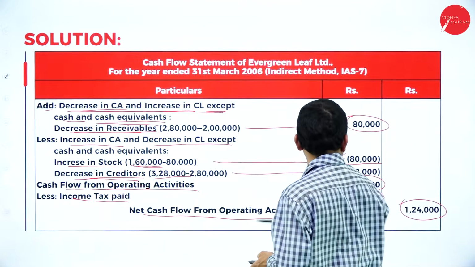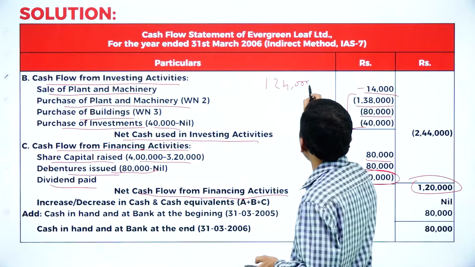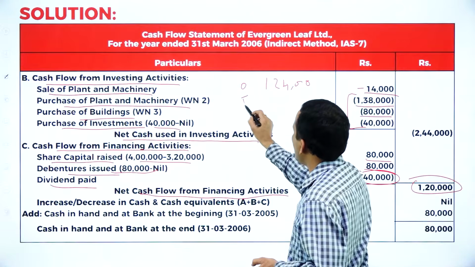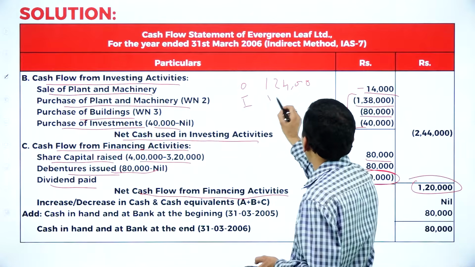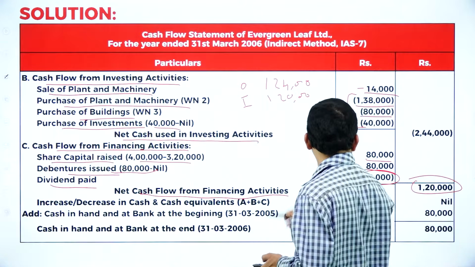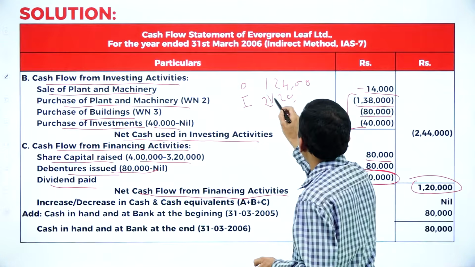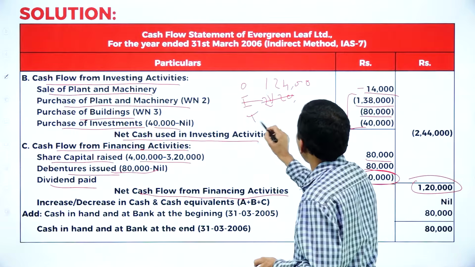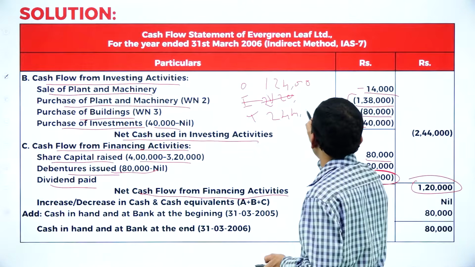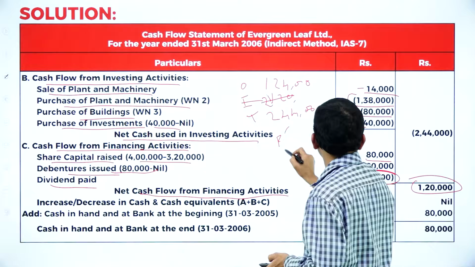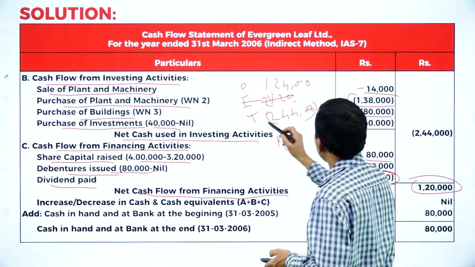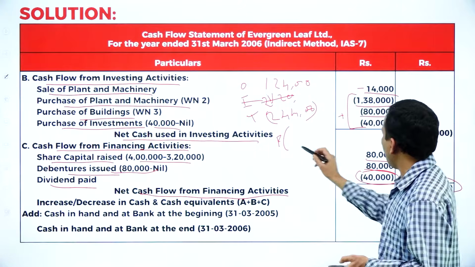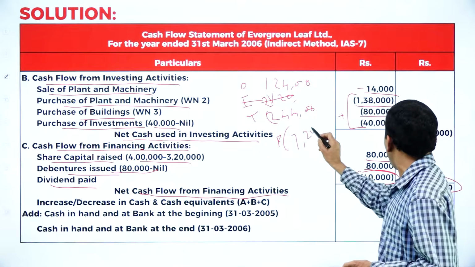From the investment activity we got 2,44,000 negative, and the financial activity we got 1,20,000.